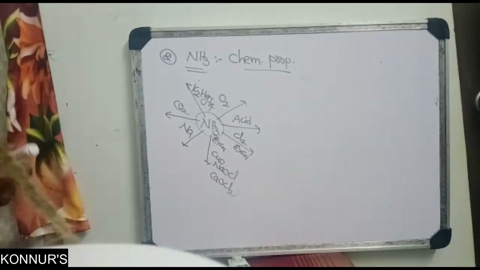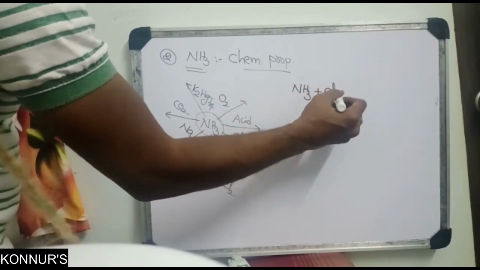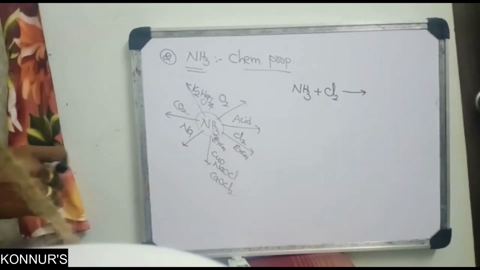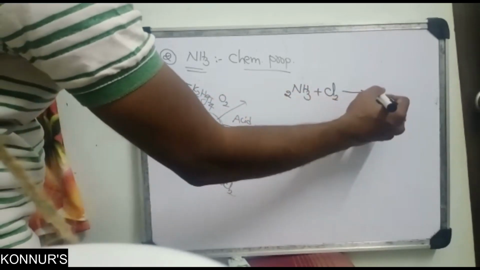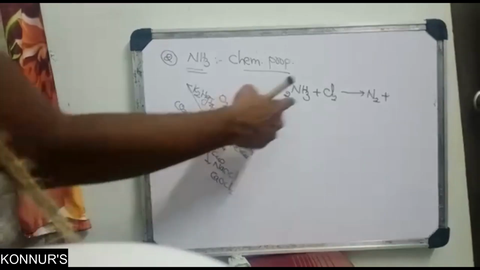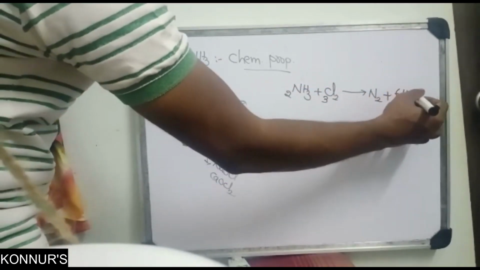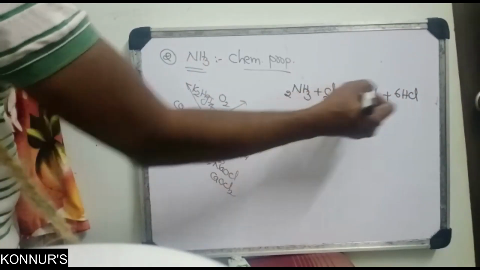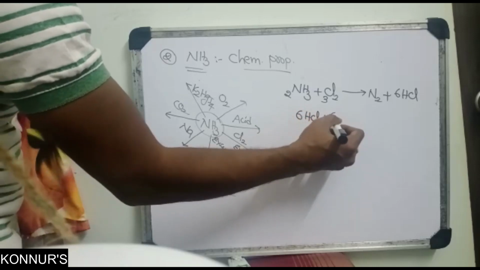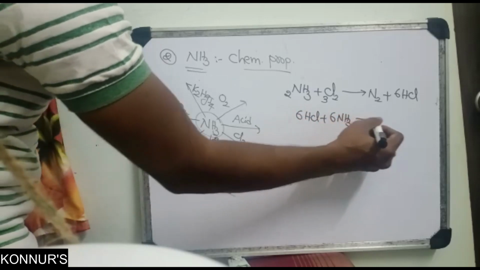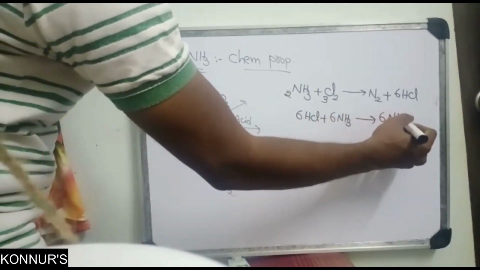Next, ammonia reacts with chlorine. NH3 plus Cl2. We already discussed this just now. You can take 2 moles of NH3, so N2 is coming plus 6HCl. See, ammonia is a base, that is an acid. So that's why 6HCl reacts with 6 ammonia, and you are getting 6 NH4Cl.